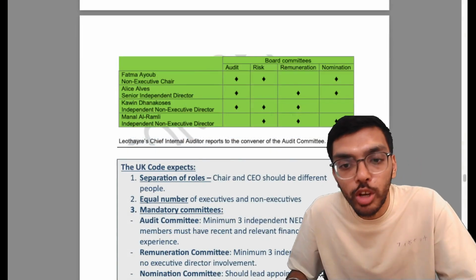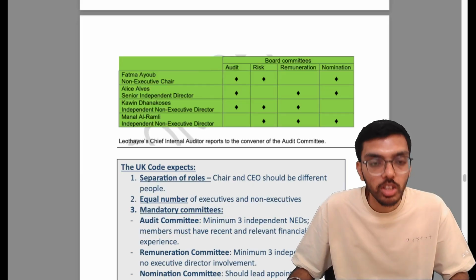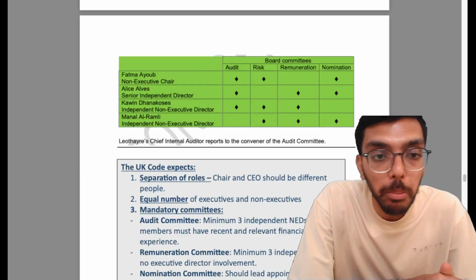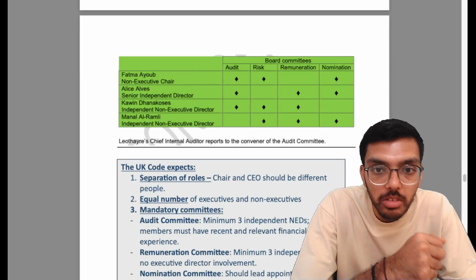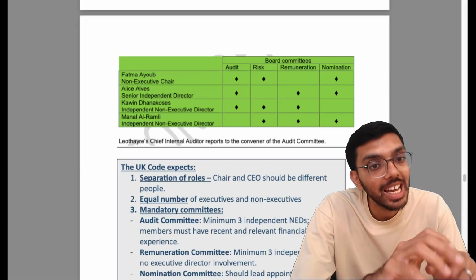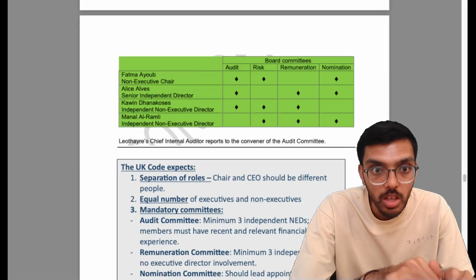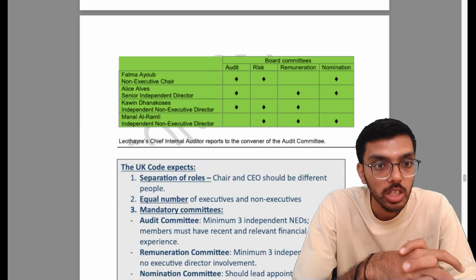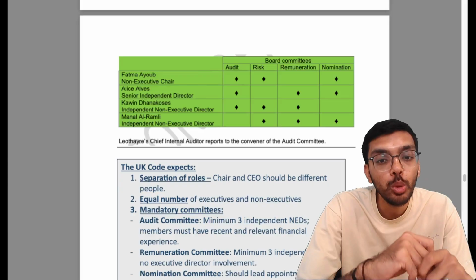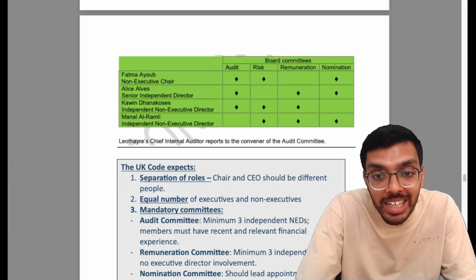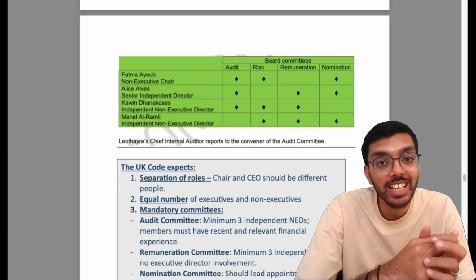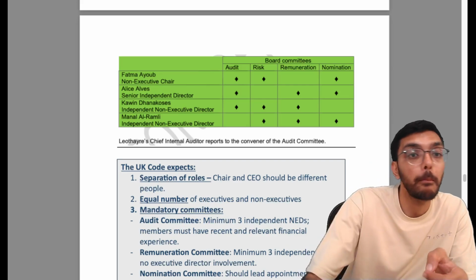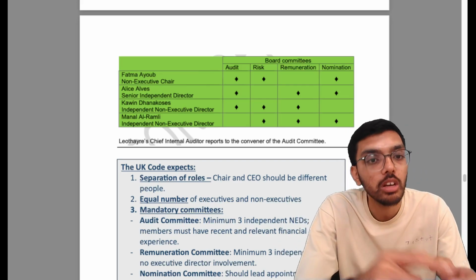So if I overall look at the membership, you will see that Fatma is part of the audit committee, the risk committee and the nominations committee. Now, as a large company, ideally it should be 3 independent non-executive directors part of each committee.